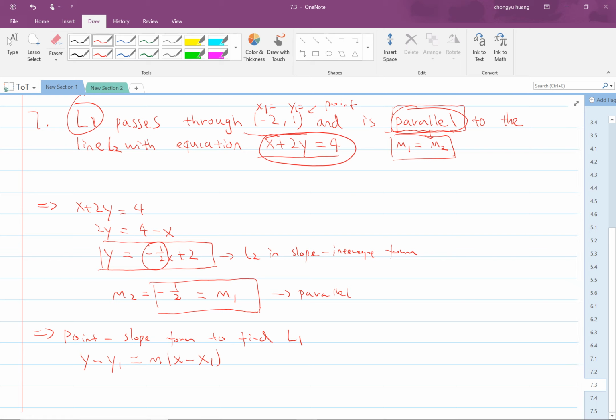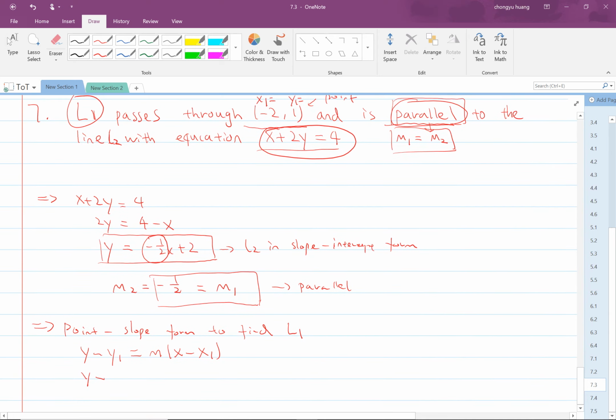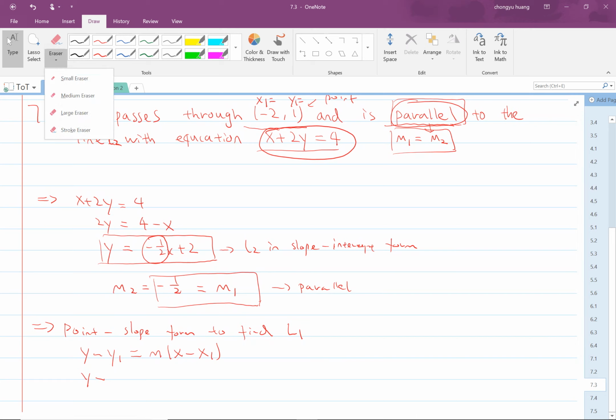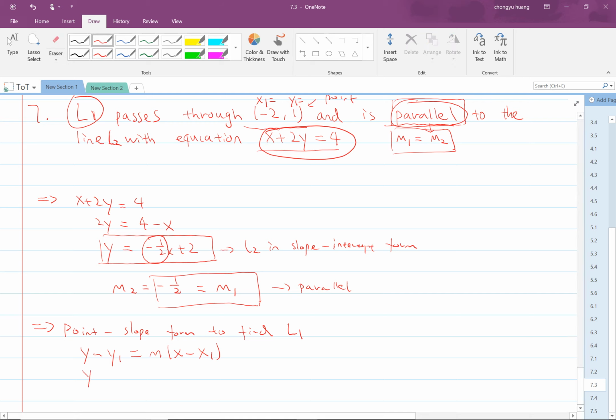Okay, so now you just plug in the numbers. Let me erase it to write a little better. So you write down y minus y1, and y1 is equal to 1. So you write down 1.